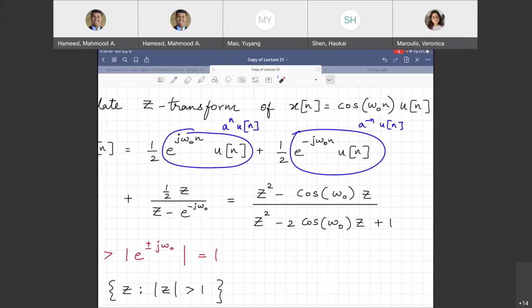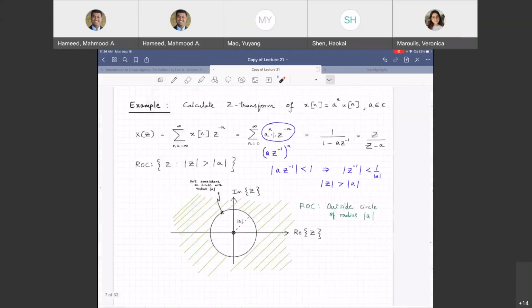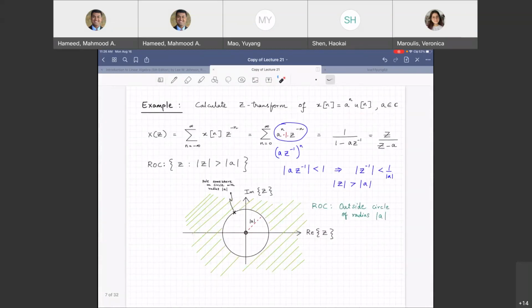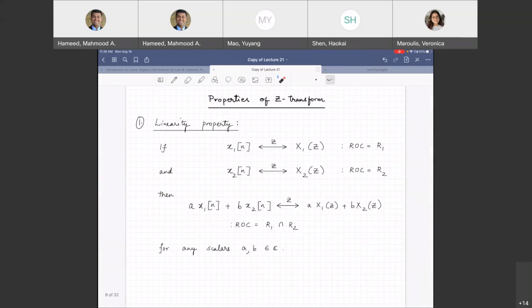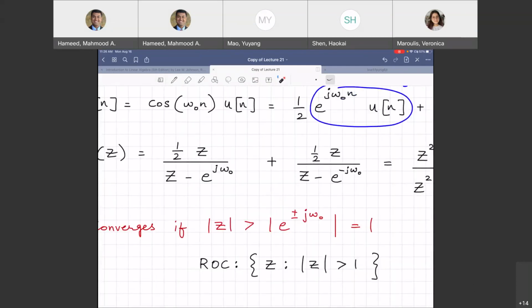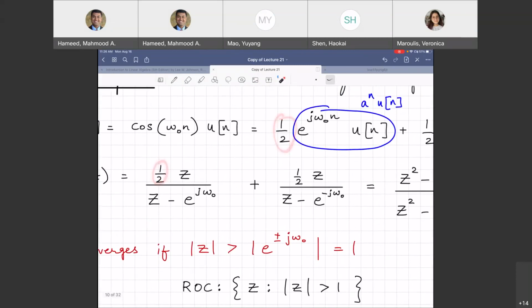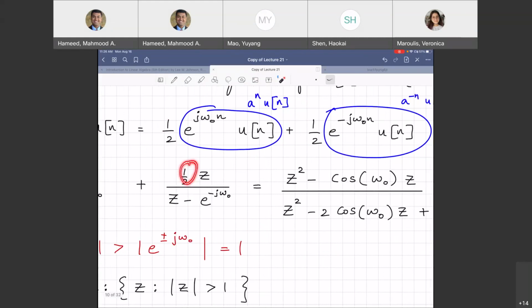Because I've already done this before, a to the n u of n, what is that? z divided by z minus a. So you get half from here, z divided by z minus a, and for the other one, half z divided by z minus a.